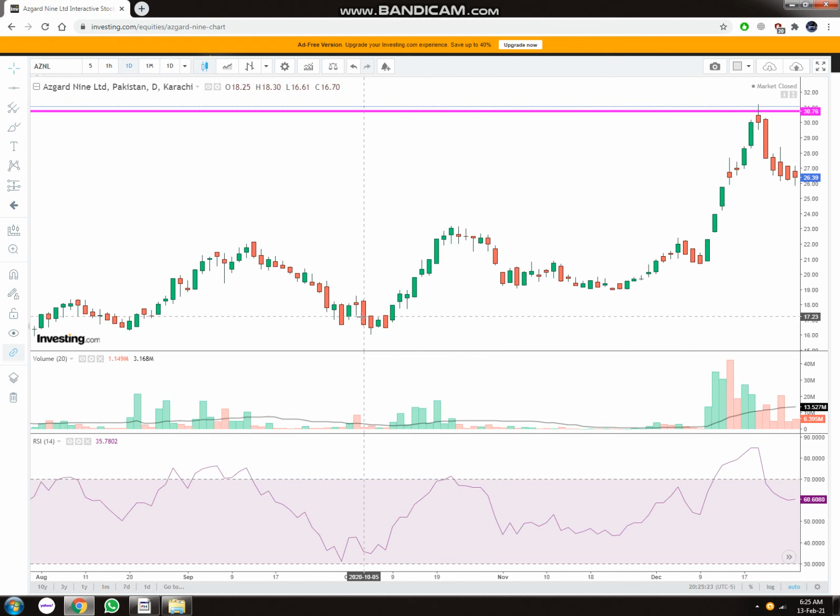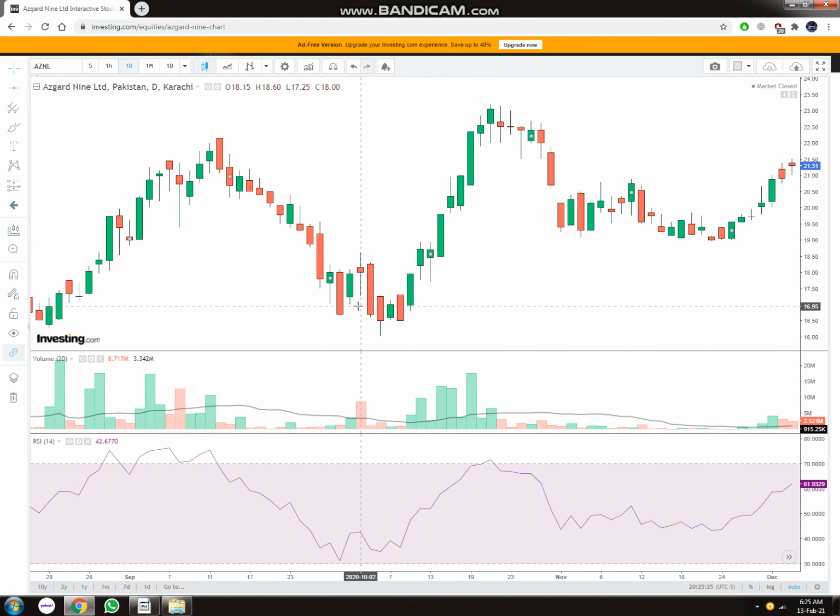Now in this case, as you can see, it gave you positive results at this level and showed signs of bullishness, but the overall trend was a downtrend. So the market did not move upward; it continued in the bearish direction.